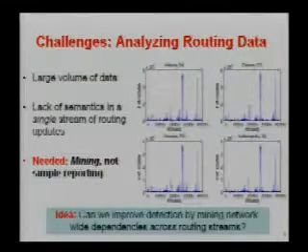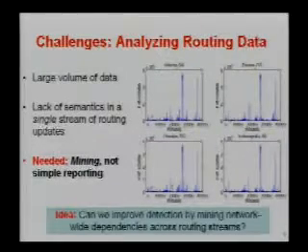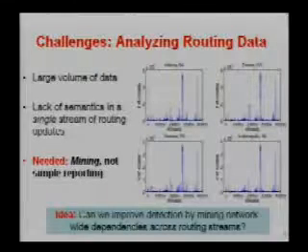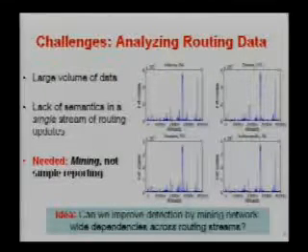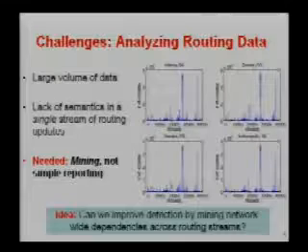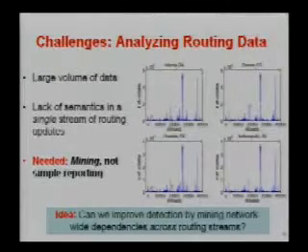What we're getting at is moving beyond simple reporting of routing messages that may indicate a problem, and really mining them across the network to extract some meaning. For example, we think, based on what's happening, that a particular link may have failed, or some type of interesting event may be occurring.